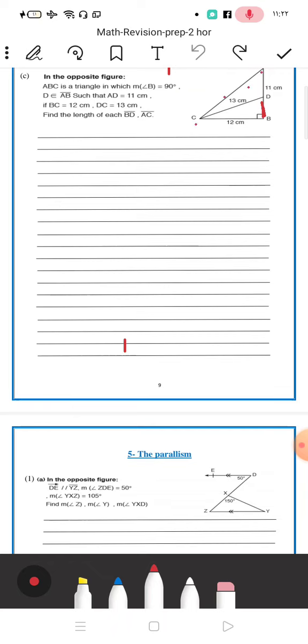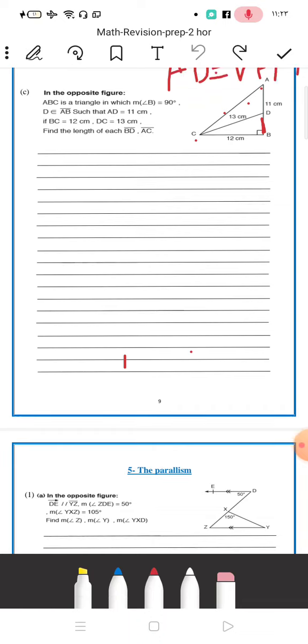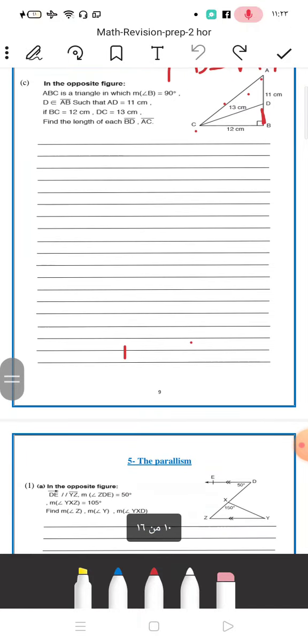Okay, BD and AC. Measure of angle B equals 90, D belongs to AB, AD equals 11 centimeters and BC equals 12 centimeters.